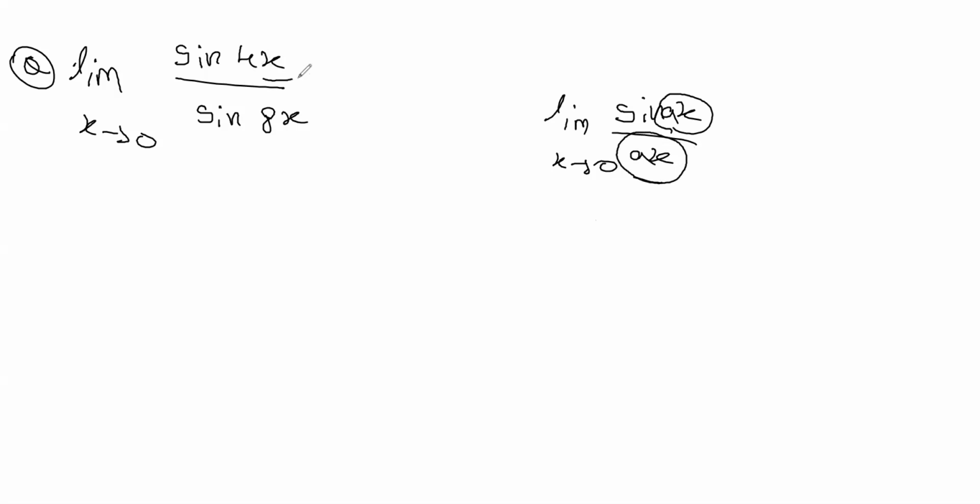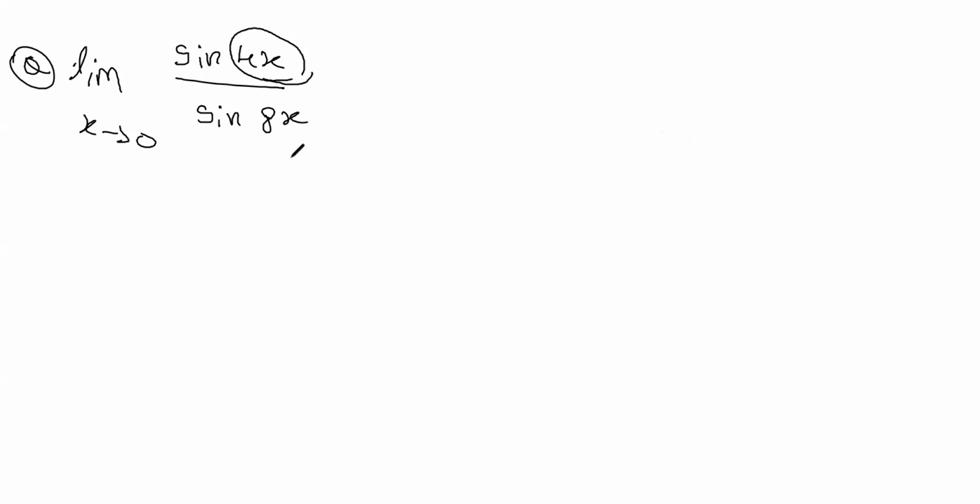Now here it is 4x, so in the denominator also I should get 4x. So I will multiply and divide it with 4x. Instead of doing this all in one go, I will divide it into 2 parts, just for clarity, otherwise you can do it directly.